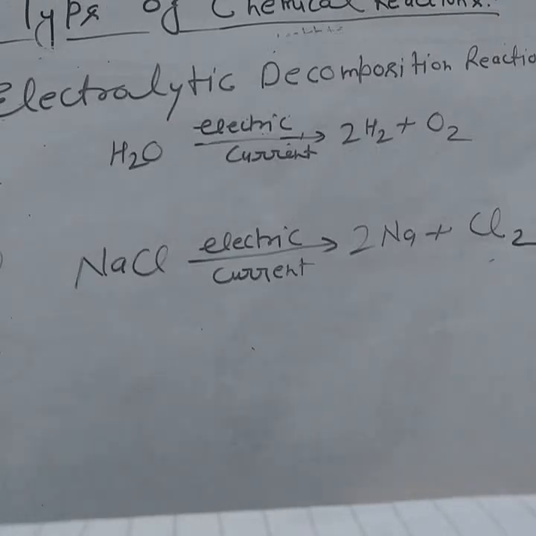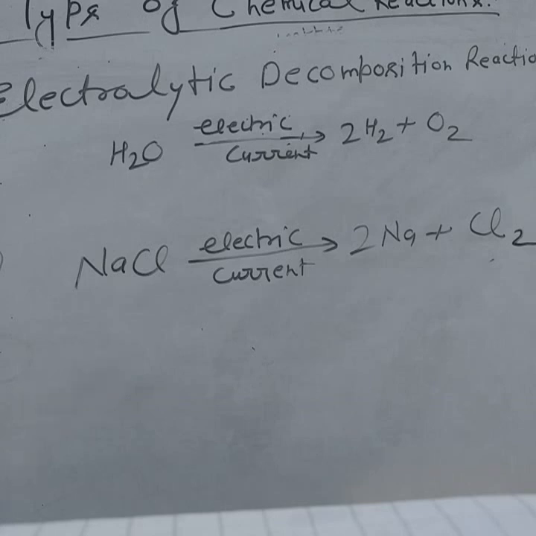Next is the electrolytic decomposition reaction. A chemical reaction involving decomposition brought about by the process of electric current is called an electrolytic decomposition reaction. When electric current is passed, a chemical compound decomposes to simpler compounds.